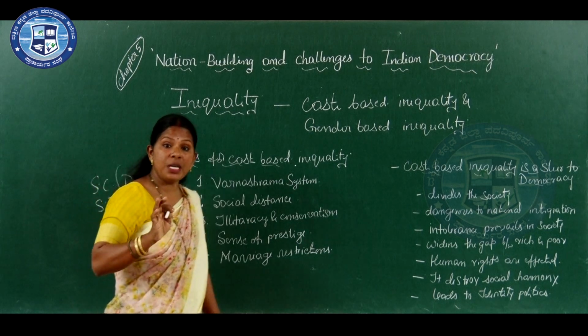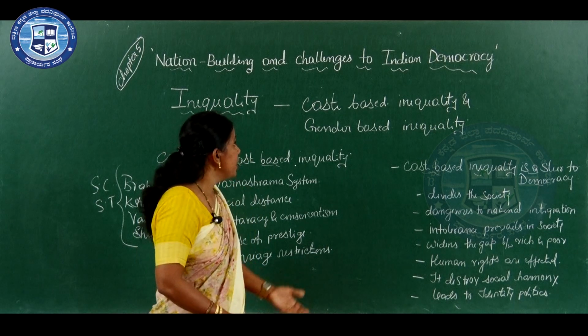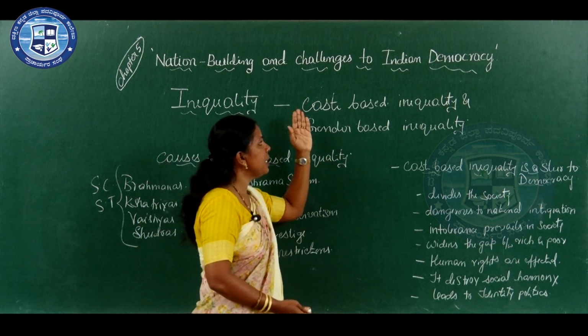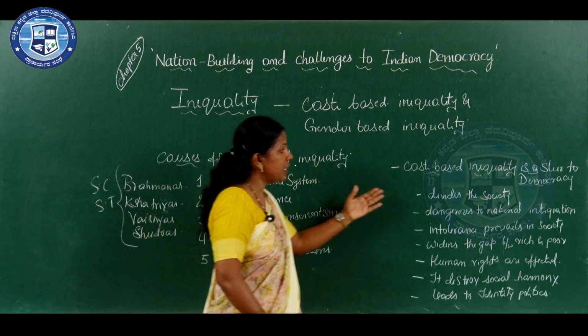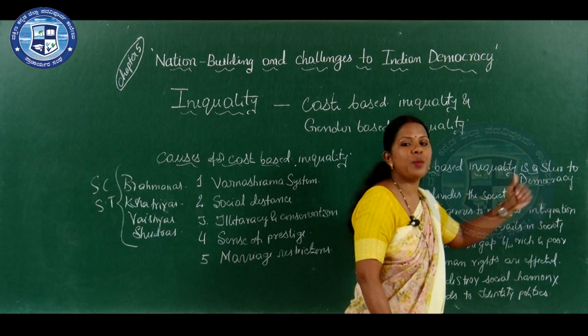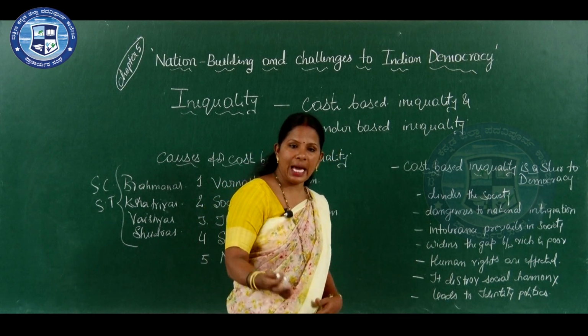If this caste based inequality is followed in India, there is a problem for Indian democracy. See, the caste based inequality is a slur to Indian democracy. Due to the caste based inequality, what happens?